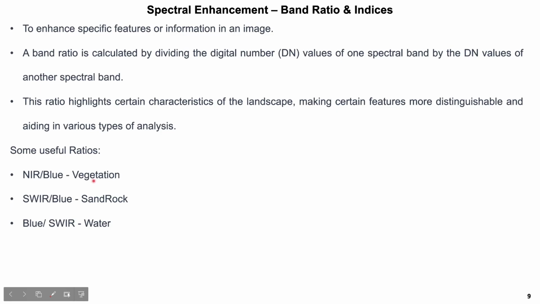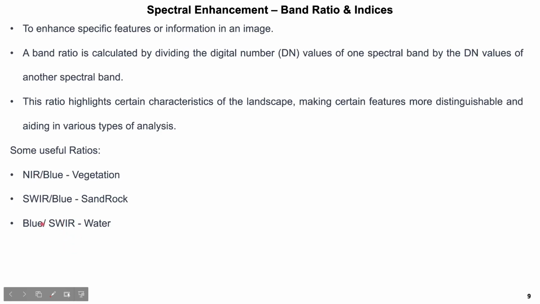Some of the useful ratios I have represented here. If you do NIR by blue, your vegetation will be highlighted, and SWIR by blue, sand or rock will be highlighted. If you remember, further into the infrared region, shortwave infrared has a longer wavelength than near infrared.